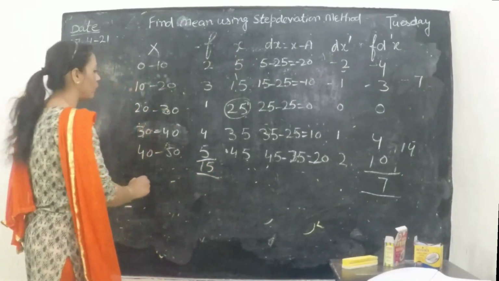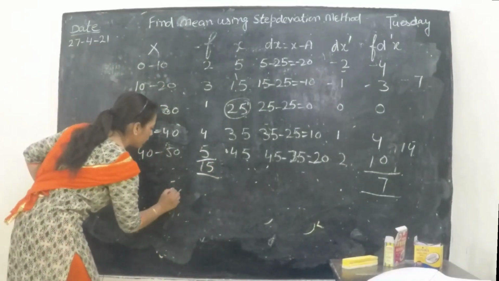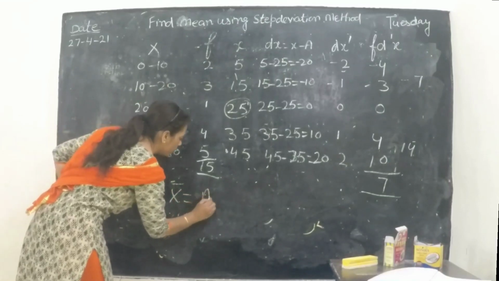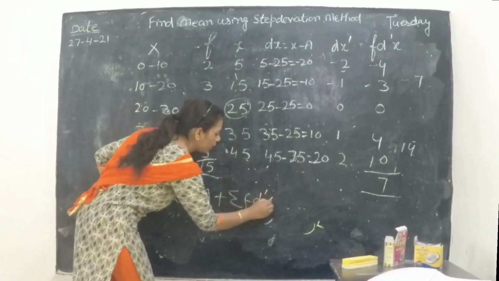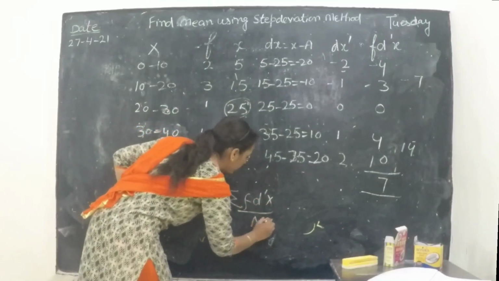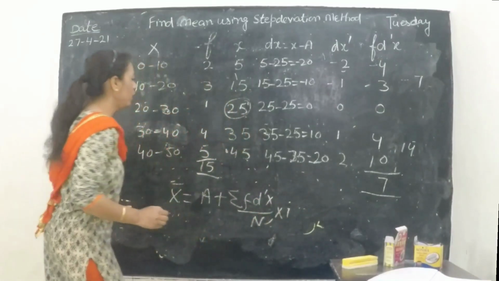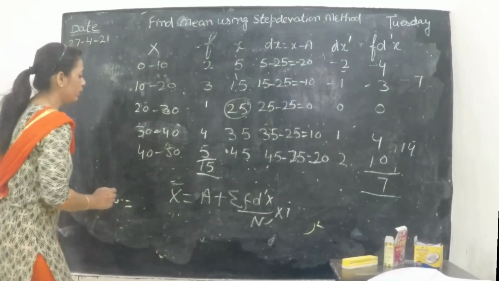Now I will apply the formula. The formula is x bar is equal to a plus summation f d dash x over n into i. Now put the values.